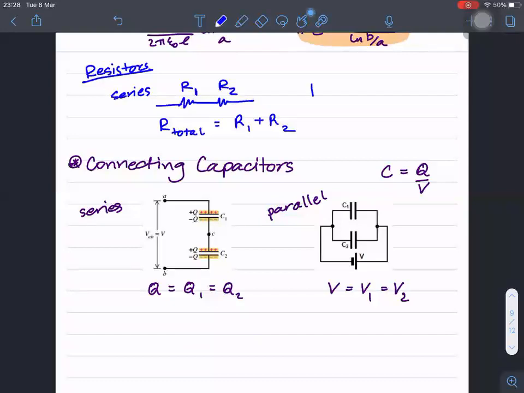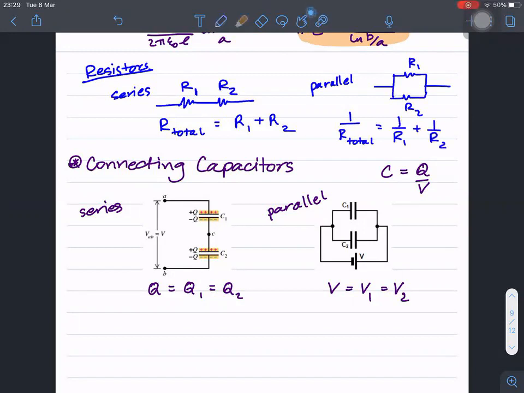And if we have the parallel configuration of R1 and R2, then 1 over R total equals 1 over R1 plus 1 over R2.